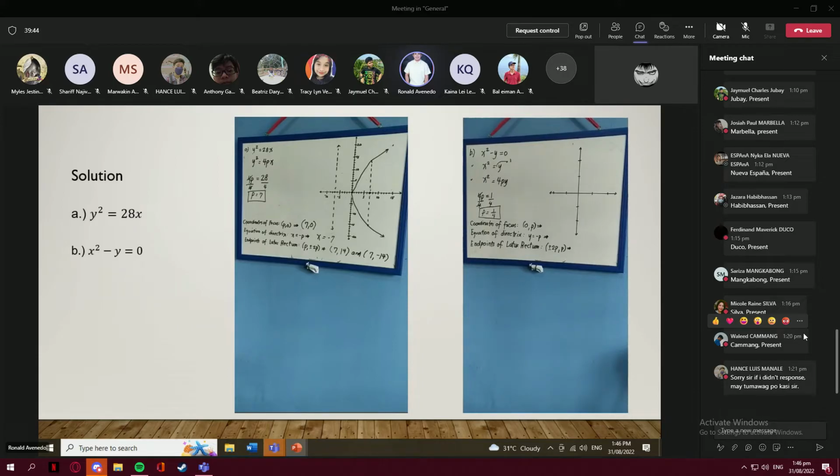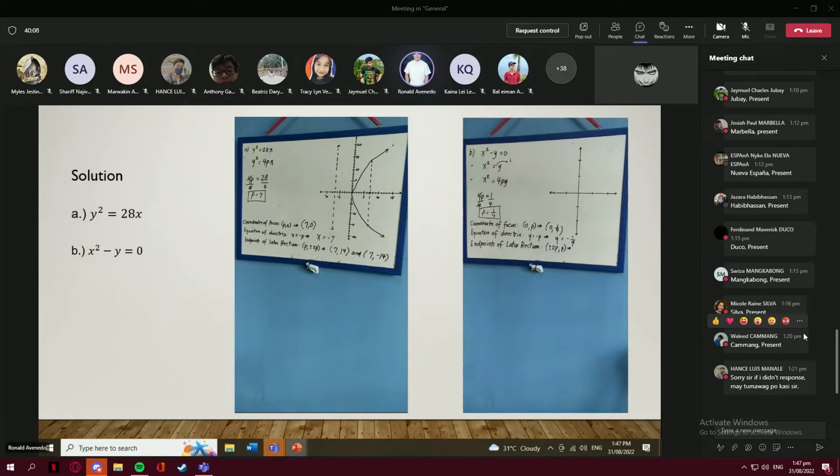Coordinates of focus. We have here p is equal to 1/4. So we can write here 0, 1/4. Equation of directrix, y is equal to negative p. So right here, y is equal to negative 1/4.